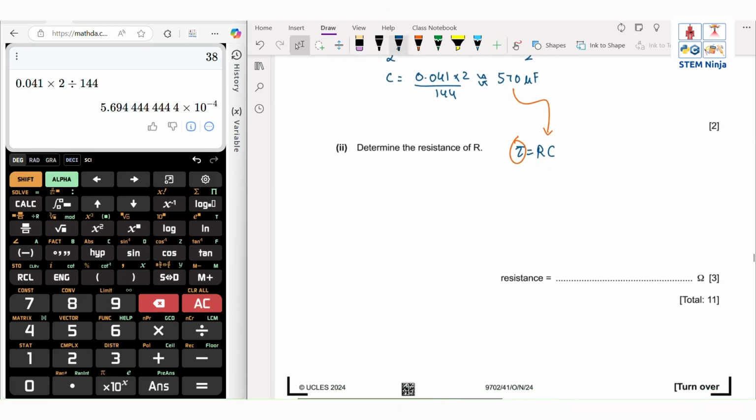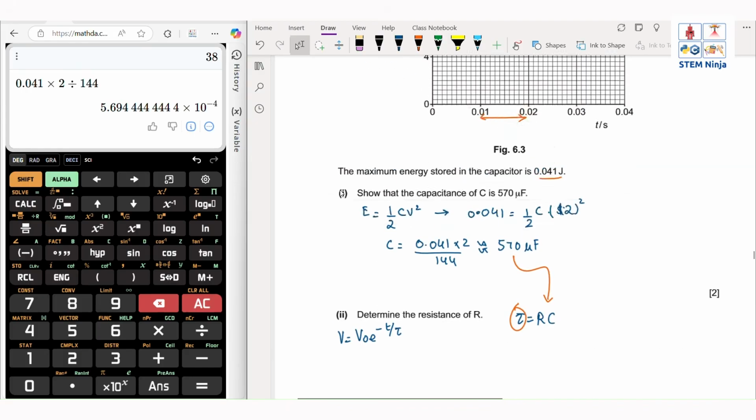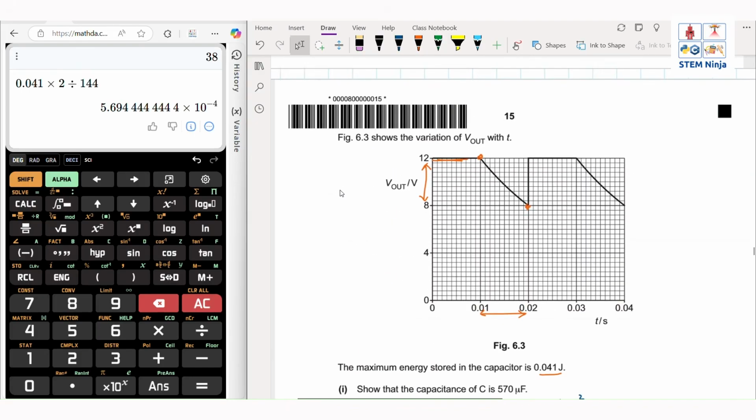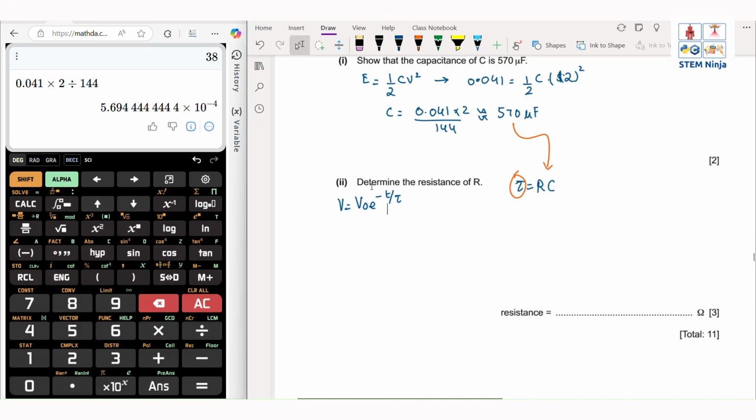So we have V equals V naught e raised to power minus t over tau. V is 8 and V naught is 12, so 8 over 12 equals e raised to power minus t over tau.